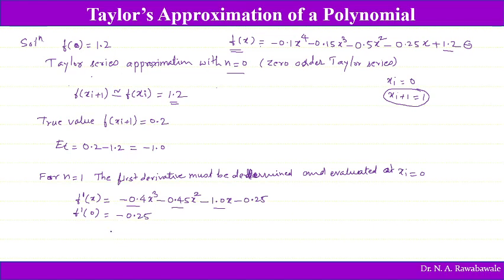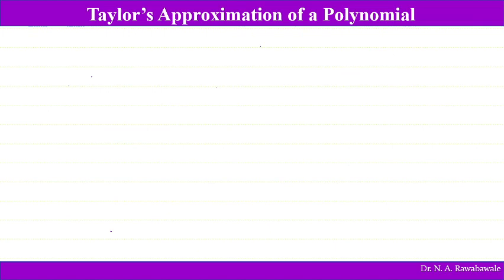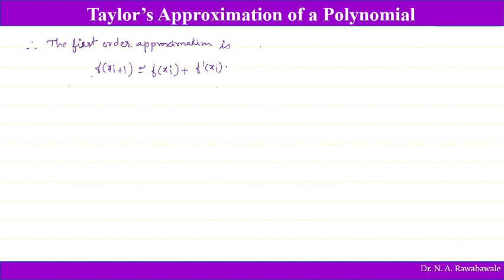So then to find out first order approximation, therefore the first order approximation is given by f of xi plus 1 is approximately equal to f of xi plus f dash of xi into h.